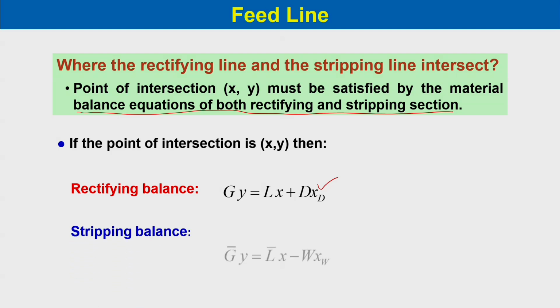The stripping balance we can write G bar into y would be equal to L bar into x minus W xW. So, xW is the composition of the bottom product.